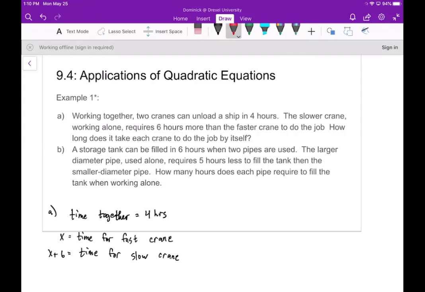So now using our formula that we just talked about, we can say that this is 1 over X plus 1 over X plus 6, and that equals 1 over 4. Okay, so now, of course, this is just a rational equation, so we're going to multiply both sides by the LCD. And it looks like our LCD is 4 times X times X plus 6.